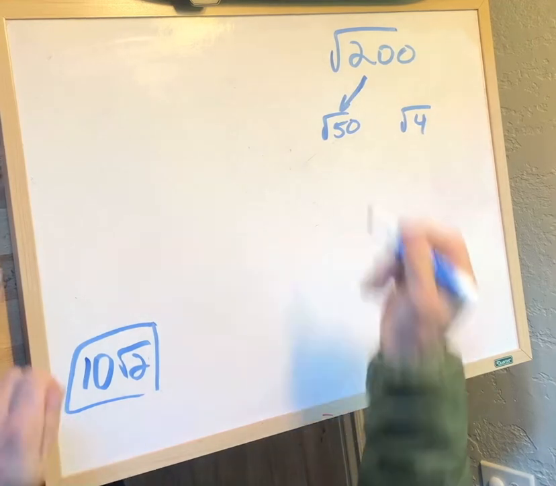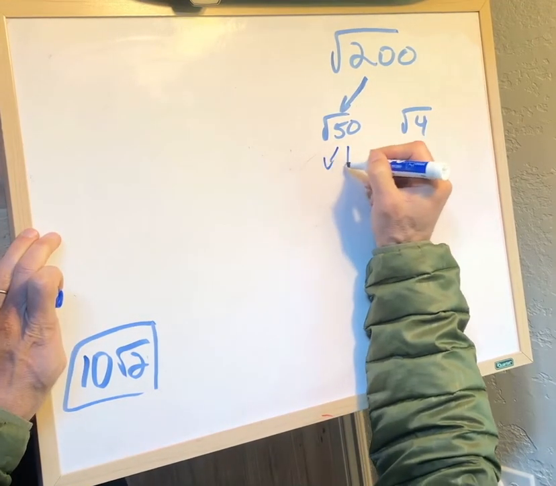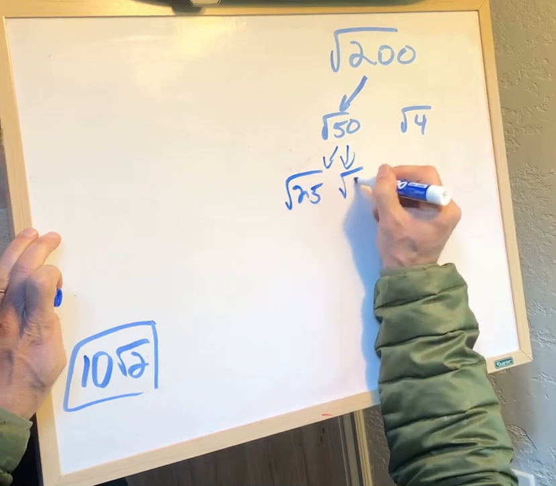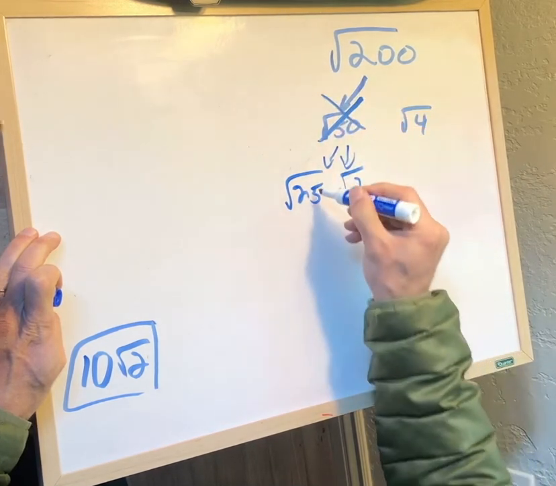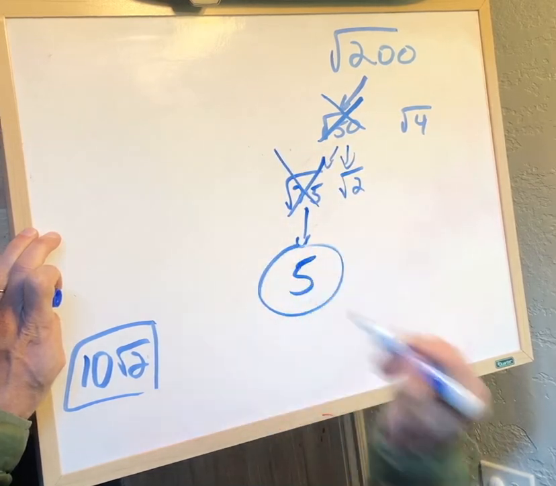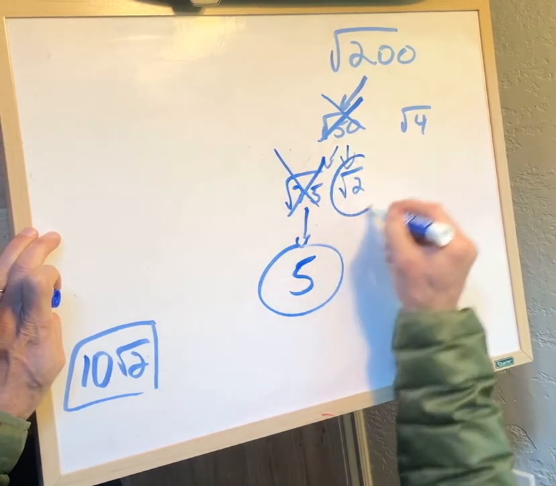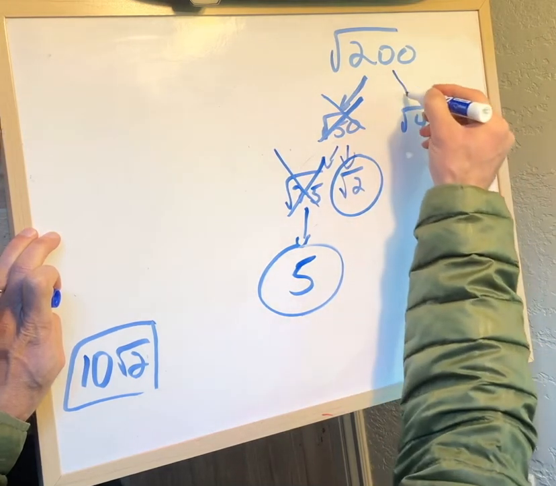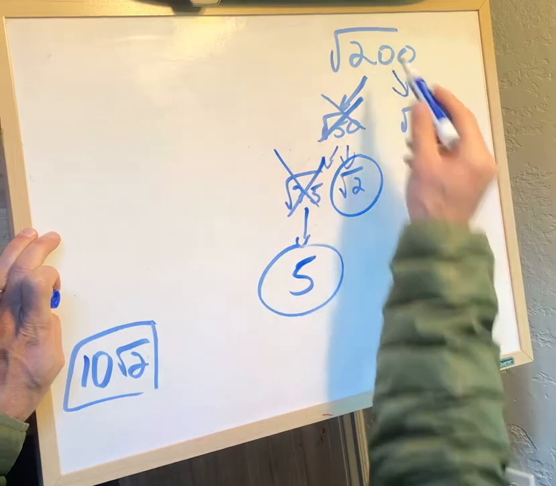Okay, square root of 50 is going to be square root of 25, let's say, times the square root of 2. Square root of 25 is 5 as a whole number. Square root of 2, there's nothing else I can do. Now I come back over to the square root of 4, because 50 times 4 is 200.